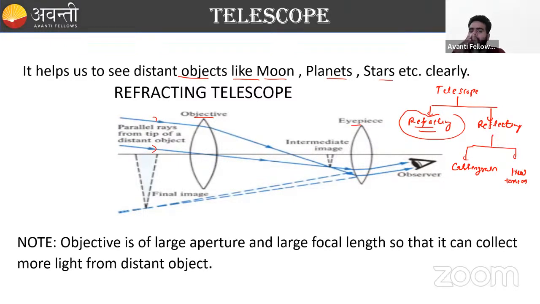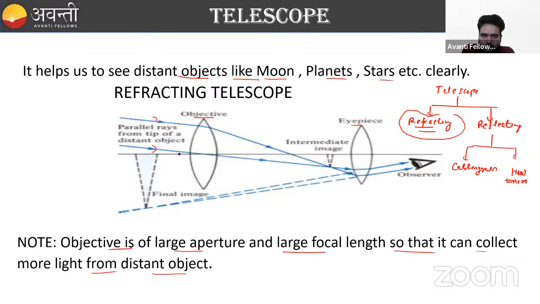In order to form a clear intense image, we have to use a larger aperture of lens, so that we can collect more and more rays. So the objective has a large aperture and large focal length, so that it can collect more light from the distant object.